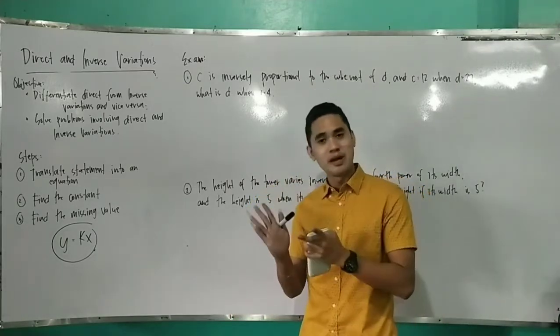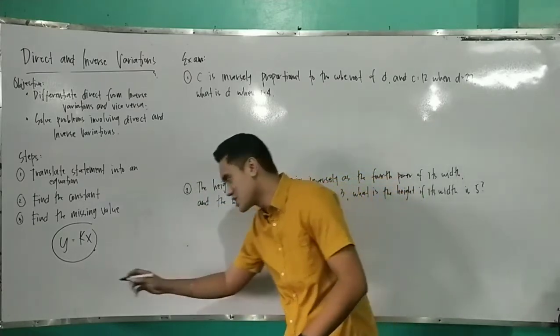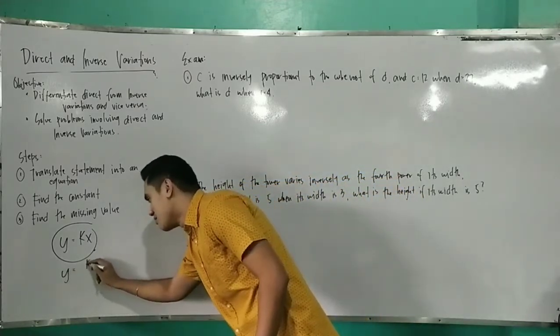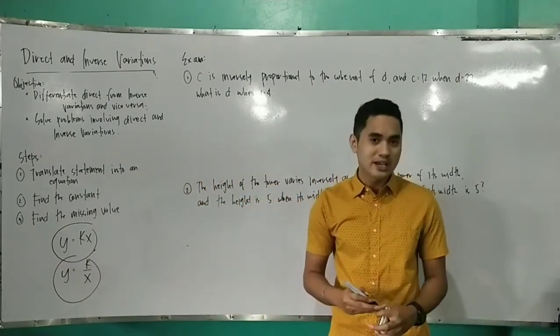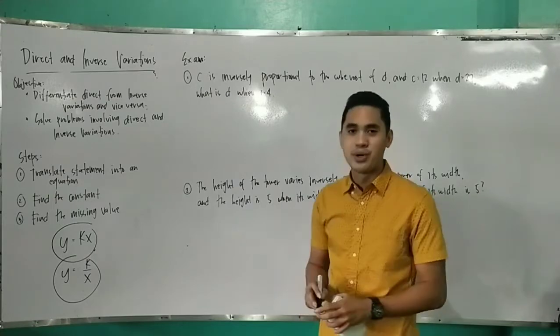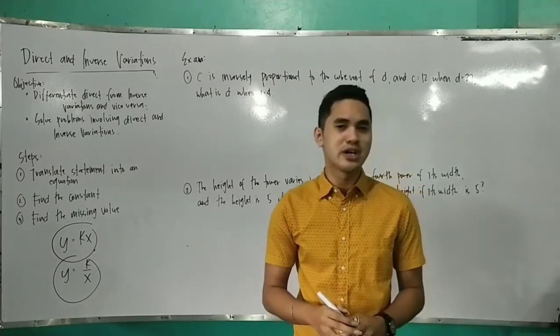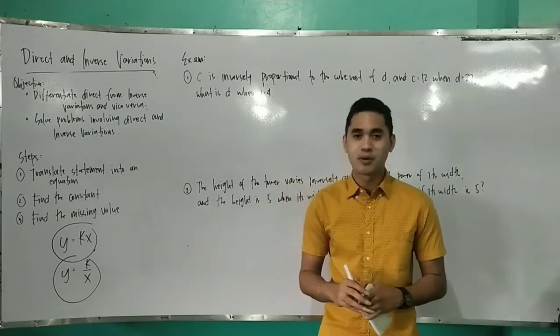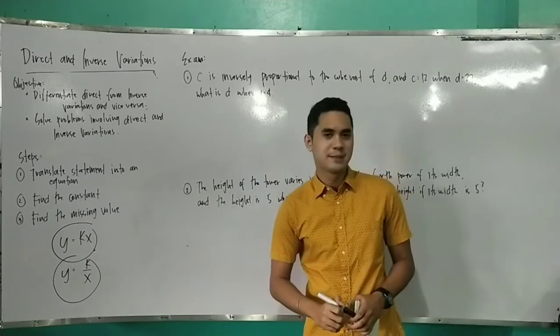So, since na ito yung kabaliktaran, kung sa direct siya ay naka-multiply, sa inverse siya naman ay naka-divide. Ayan. So, bali sa inverse, meron tayong y is equal to k over x. So, same pa rin, yung k hindi siya nagbabago kasi nga ito ay constant o proportionality o variation. Pero yung y and x, pwede.